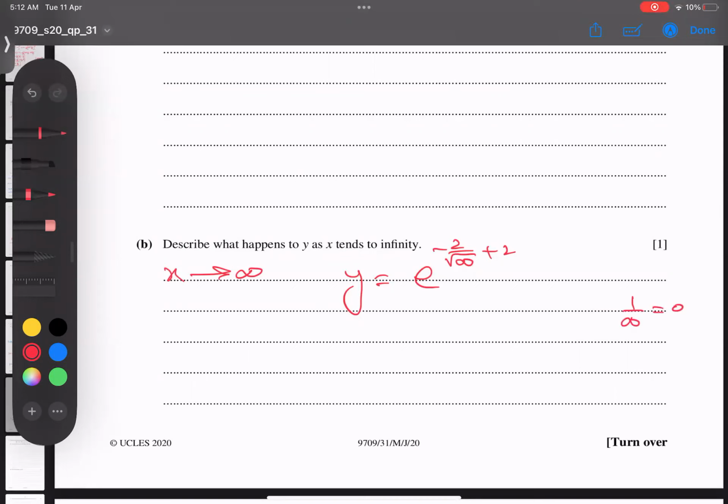Even if it has a root, it becomes 0. So it means this is -2 by infinity plus 2, and in a short way I can say 0 plus 2, and the answer is e squared. I hope the point is very clear. And let's go for the next part.